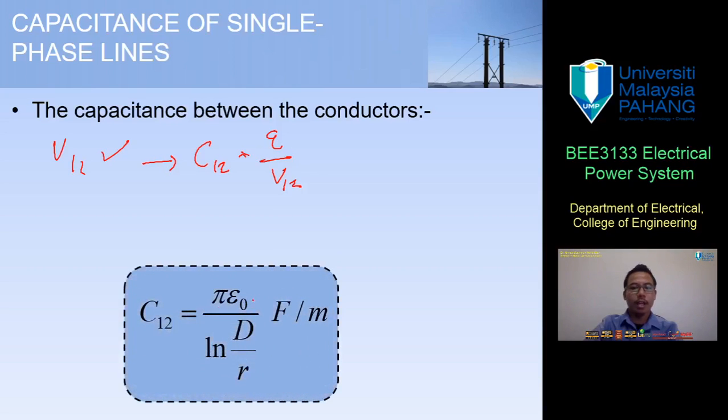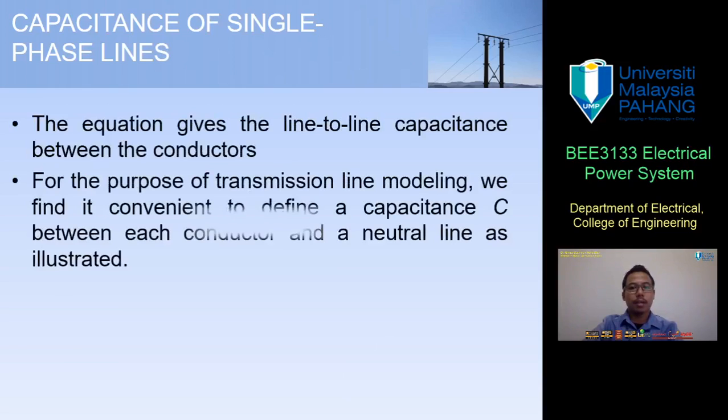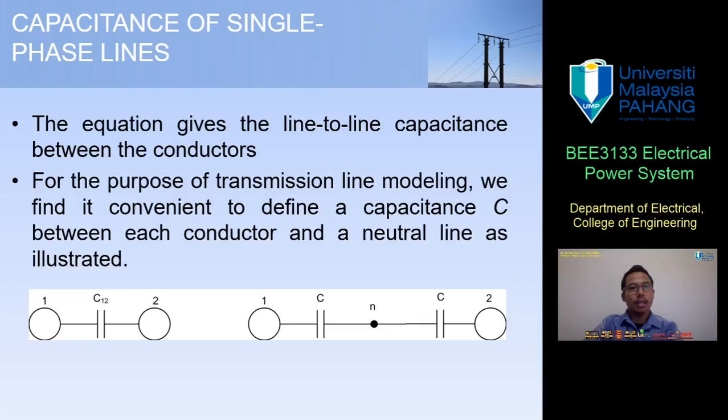So finally, it will give us the equation of C12 equal to pi epsilon 0 over ln D over R, farad per meter. So this is the equation of the capacitance for the single phase lines. The equation gives the line to line capacitance between the conductors. So we have determined V12 and C12 like that.